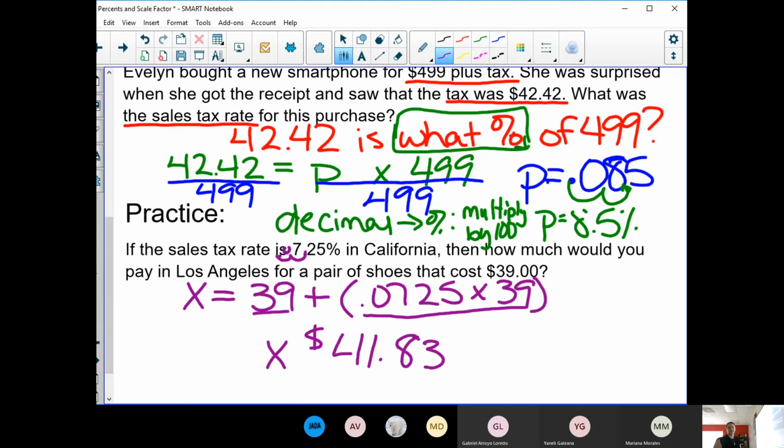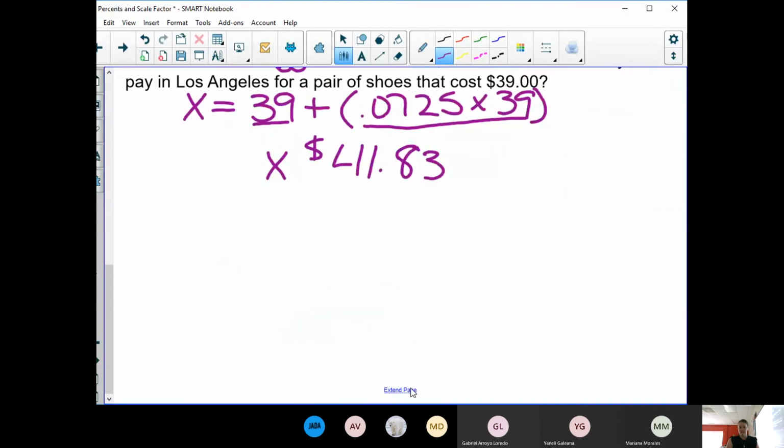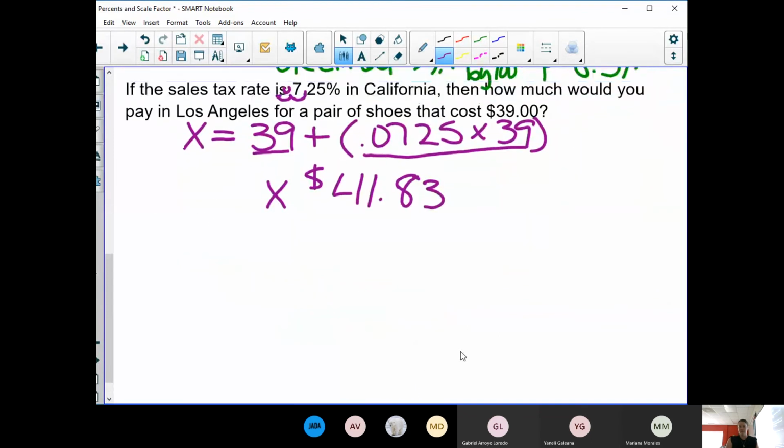Okay. Is there anyone else who feels like Yariel, like you don't know how I got the equation? All right, let me go over it real quickly.